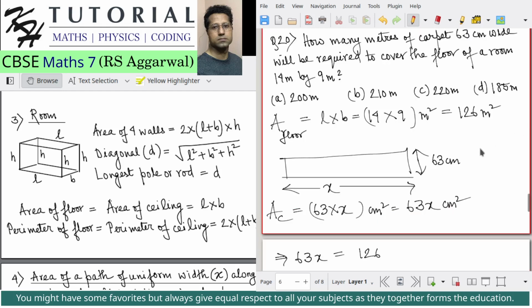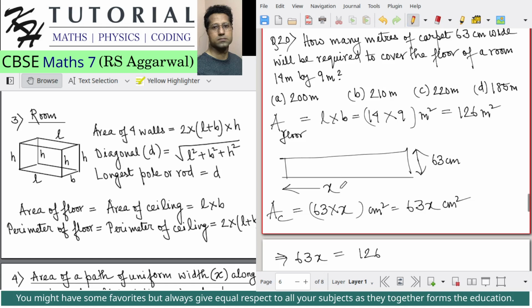In all the dimensions, the width of the carpet is given as 63 centimeter, but the dimension of the room is given in meter. So the area of the floor of the room was 126 meter square. So I think it is better we consider the length of the carpet required to be x meter.